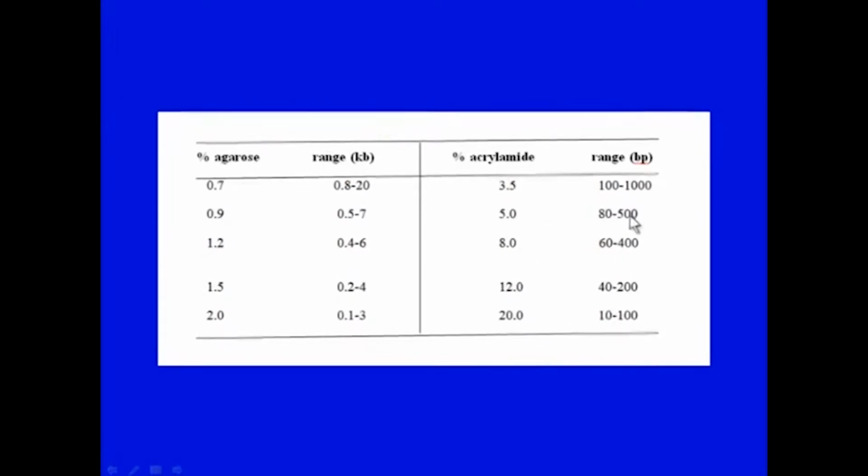At 5% it is 80 to 500 base pairs, at 12% it is around 40 to 200 base pairs, and as per the pore size these fragments will be separated. So, the larger the pore size, the larger the fragments that can be separated, and the smaller the pore size, that is the higher the concentration of the matrix, the smaller the fragments that can be separated.